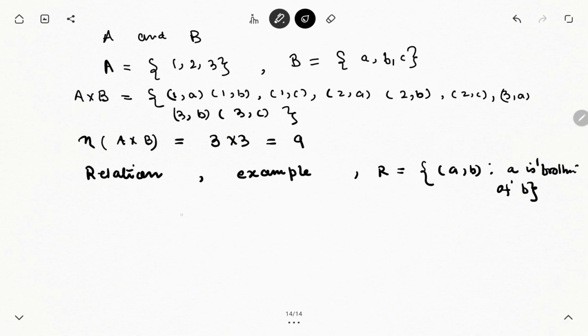Similarly, you can take another relation, A, B. How they are related? A is sister of B.